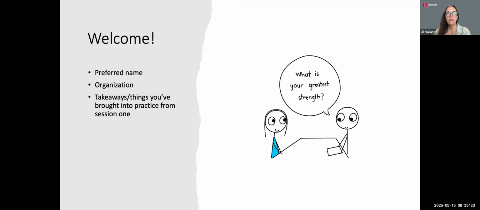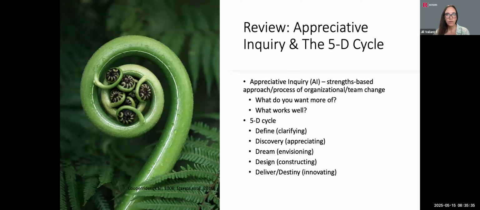Just again, a brief overview of the appreciative inquiry process and the 5D cycle. This is a theory that really has at its basis what we call the positive core, and this idea that in all systems there is something that's working. So rather than focusing on things that aren't working, we focus on what is working in order to help us grow and change in our system.